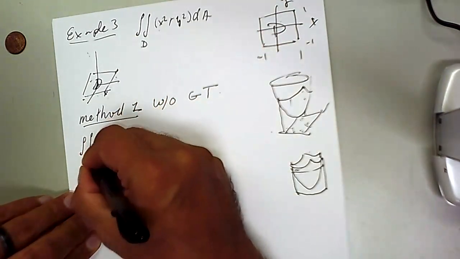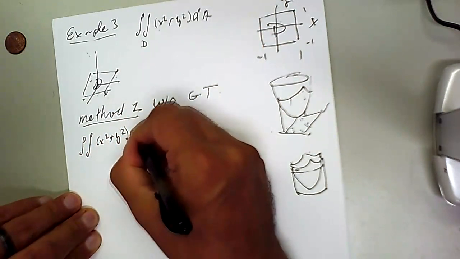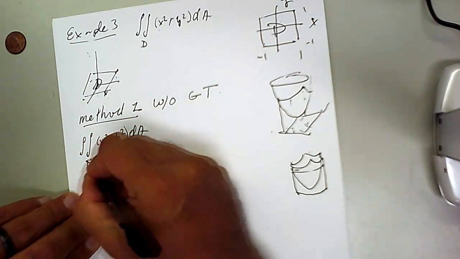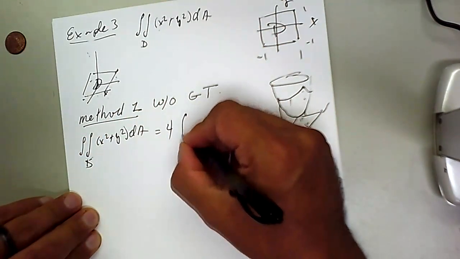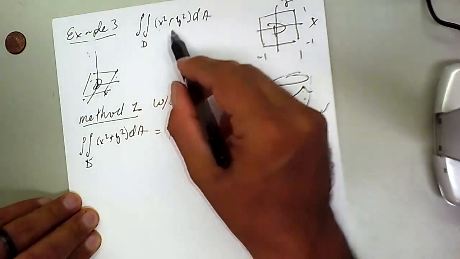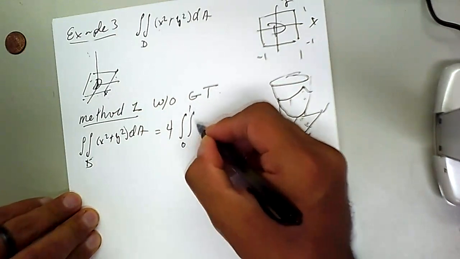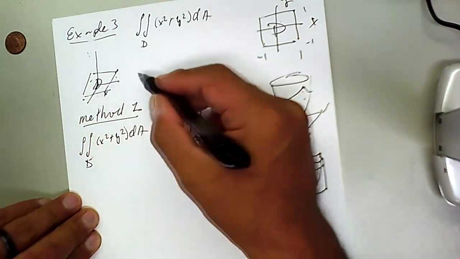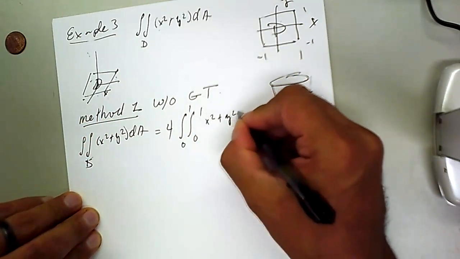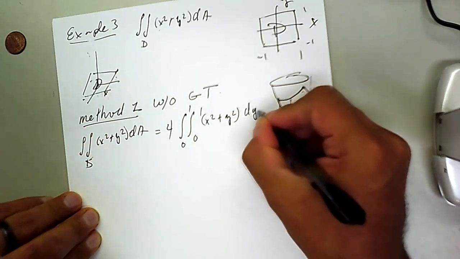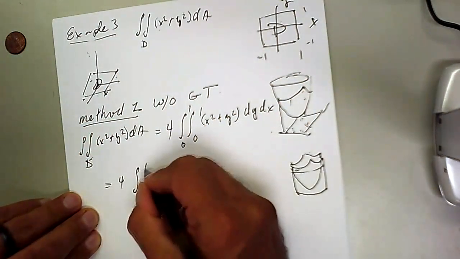So the double integral of x squared plus y squared with respect to the area over that region is going to be 4 times the double integral, again, because things are so even and positive that we can just go from 0 to 1, 0 to 1, instead of going from -1 to 1 and -1 to 1. x squared plus y squared dy dx. So 4 integral from 0 to 1.